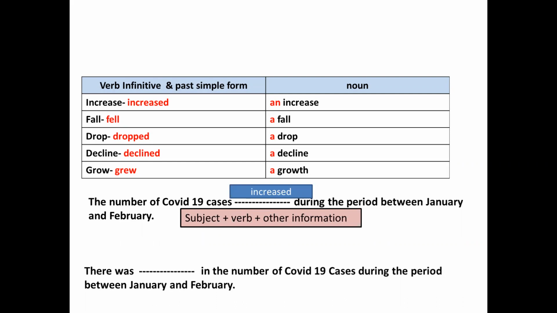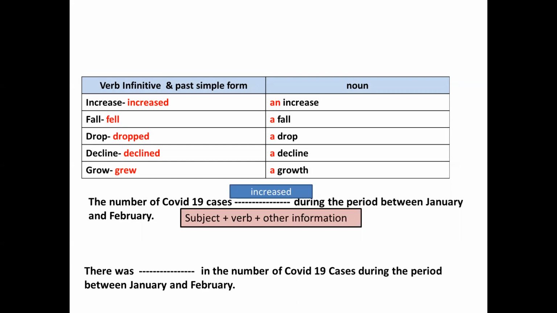Take a look at this sentence. There was dash in the number of COVID-19 cases during the period between January and February. It's the same sentence, but I've changed the structure of the sentence. So it starts with there was. So there's a be verb here. So a be verb is usually followed by what? Salalah is beautiful.